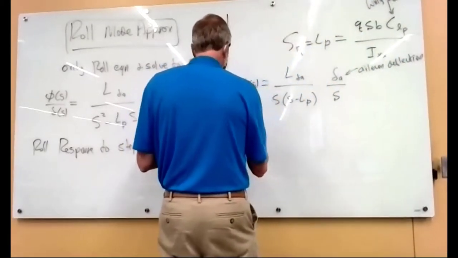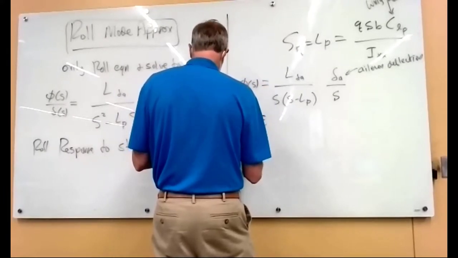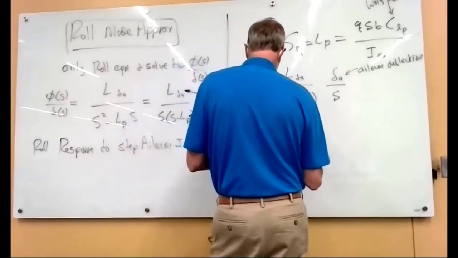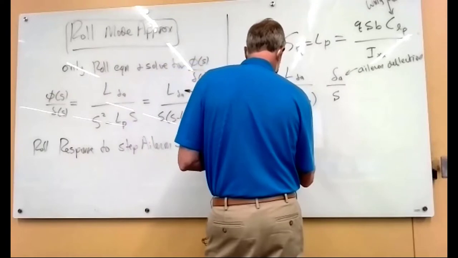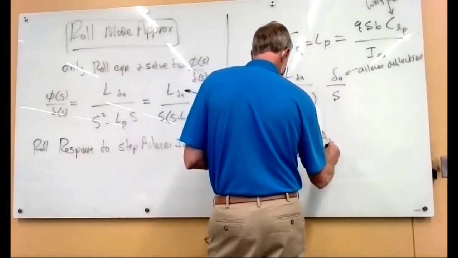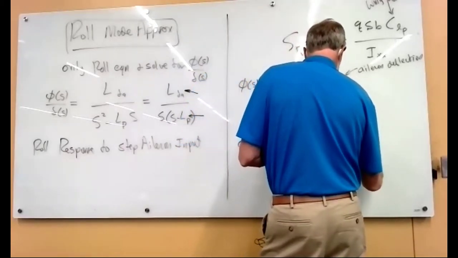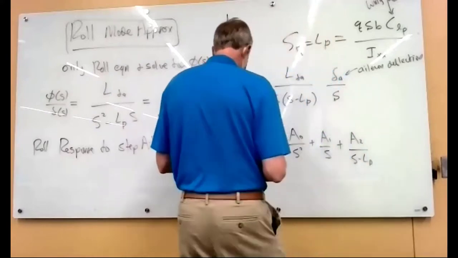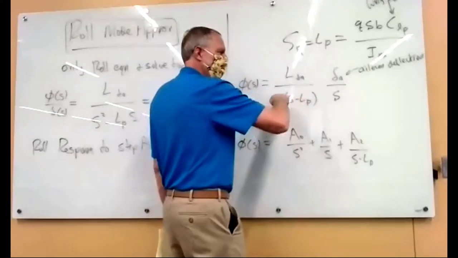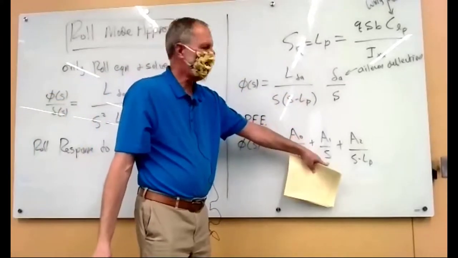So to get phi of t, we'll do partial fraction expansion. And the reason we have to include the s squared is because we got s times s here, so we have an s squared term.